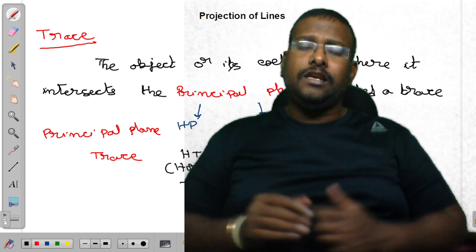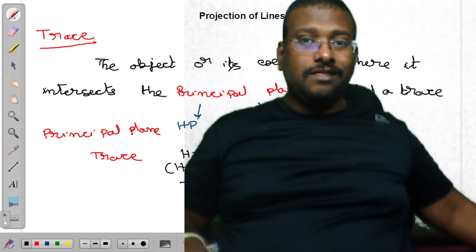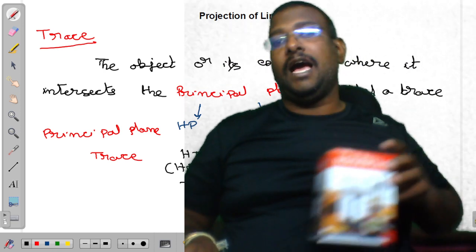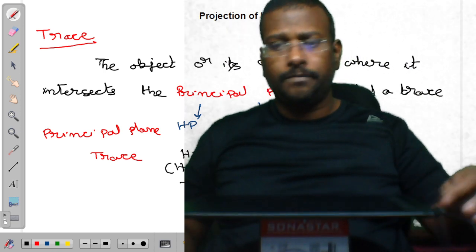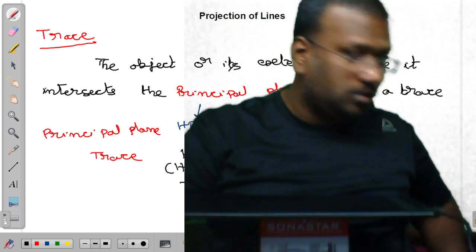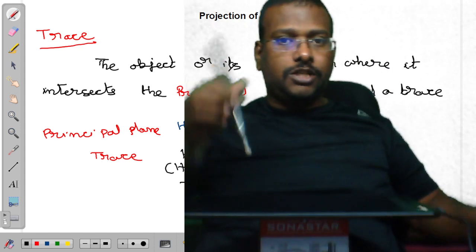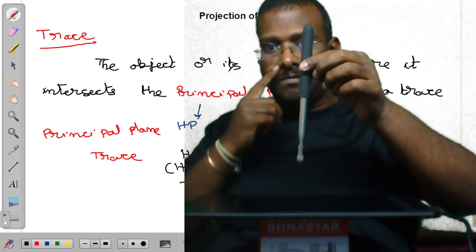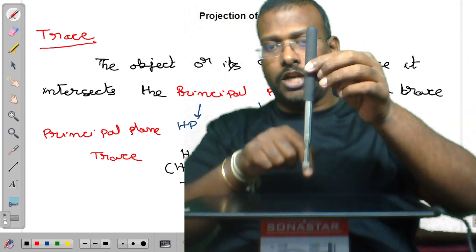In a few cases, the trace is the same as the view. Sir, I can't understand. Simply observe, my dear friends. Let us consider this situation: the line is perpendicular to HP, but it is not touching the horizontal plane.